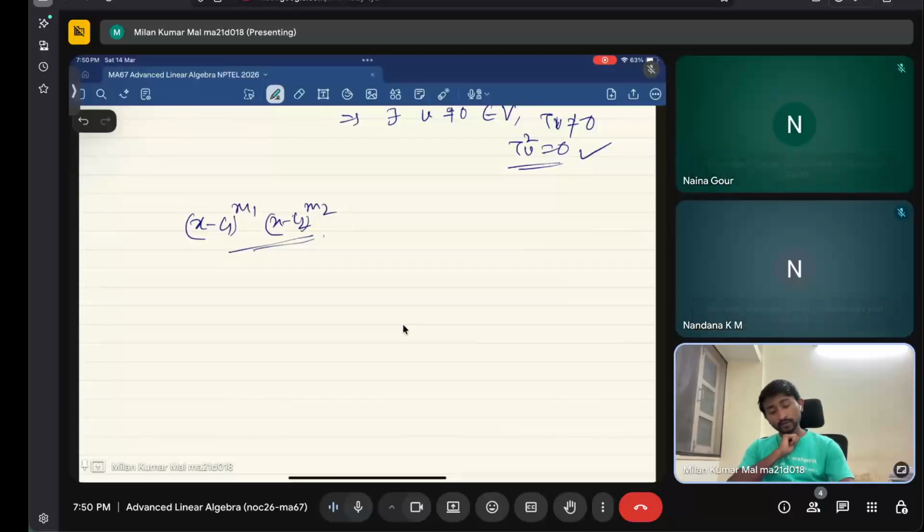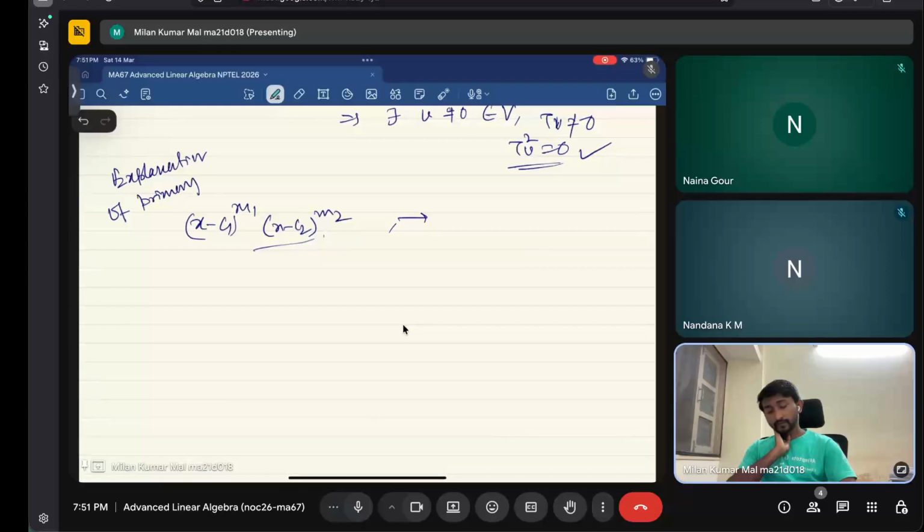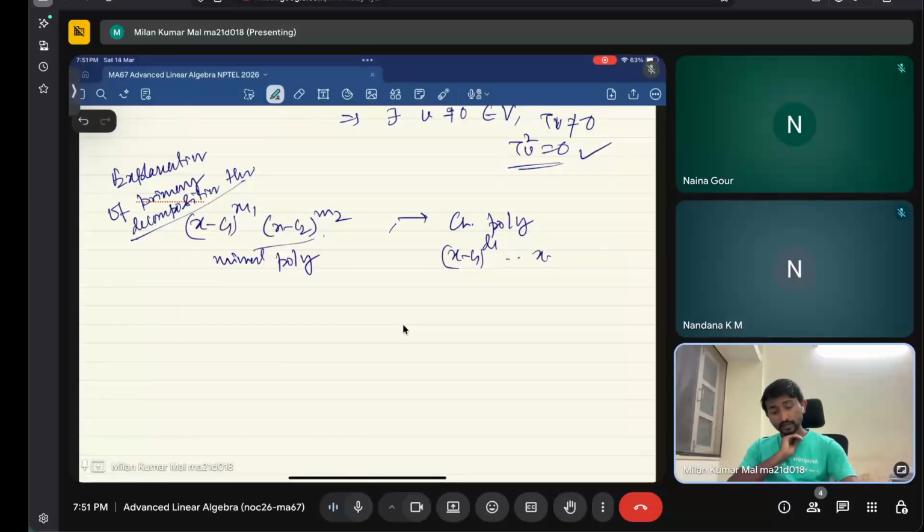And the characteristic polynomial is actually (x minus c1) to the power d1 times (x minus c2) to the power d2. I have written two only.